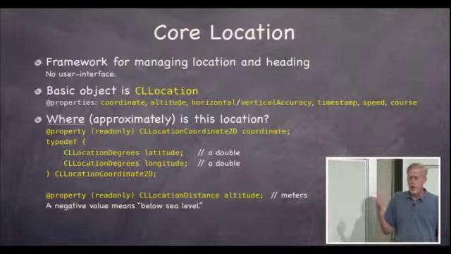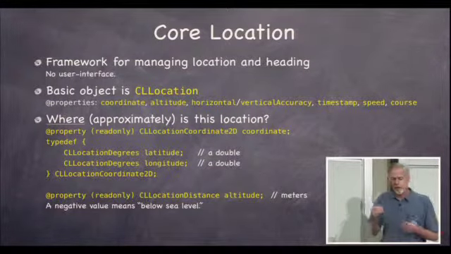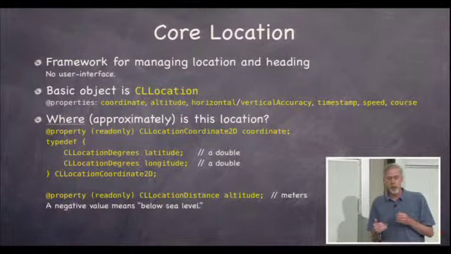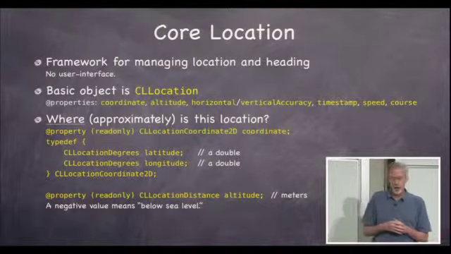The most important thing is probably the coordinate, and that tells you where this CLLocation is. Notice that I put "approximately" in parentheses there. That's because there are a lot of different ways to get your location, and some are more accurate than others. We're going to talk about that in a moment.